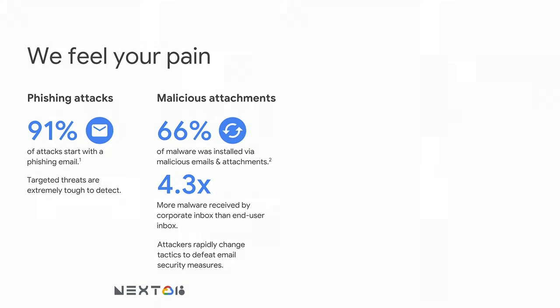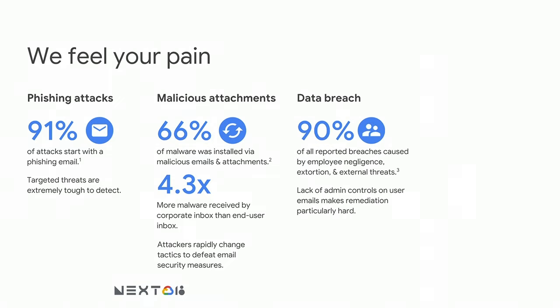And then we have new threats. Ones maybe that we hadn't traditionally been aware of, but these are data breaches. 90% of the data breaches aren't necessarily from external attackers, but they can be from compromised insiders, they can be from negligence, and so the lack of admin controls and ability to see and remediate these threats is a challenge for you.